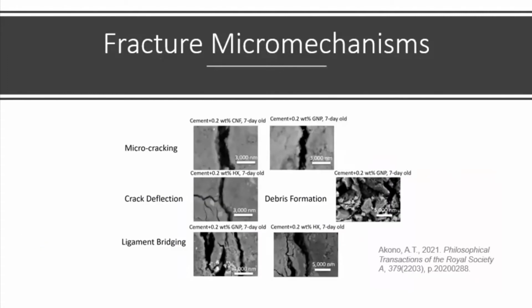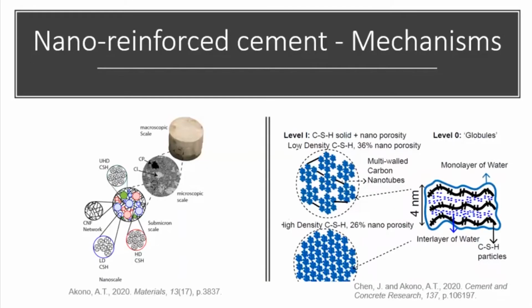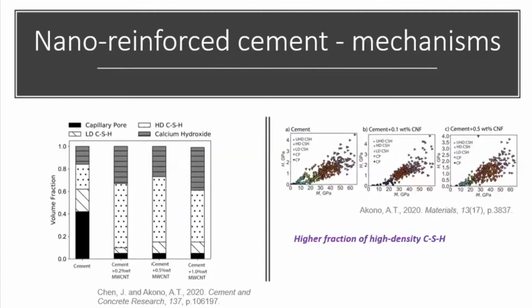To try to understand it, in terms of the fracture, we have a wealth of micromechanisms being developed to counteract and slow down the progression of fracture. But you also have this reinforcement occurring at the molecular level, as we've seen using scanning electron microscopy. And the other point is that, due to their high specific surface area, nanomaterials change the reactivity of Portland cement and accelerate it. This changes its basic DNA.